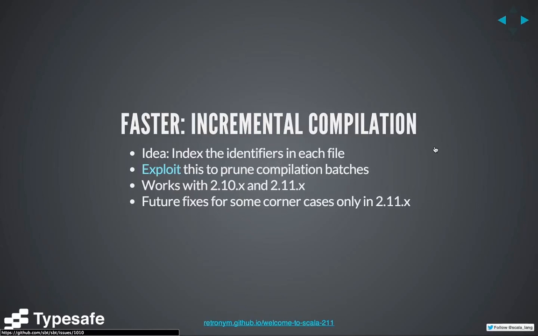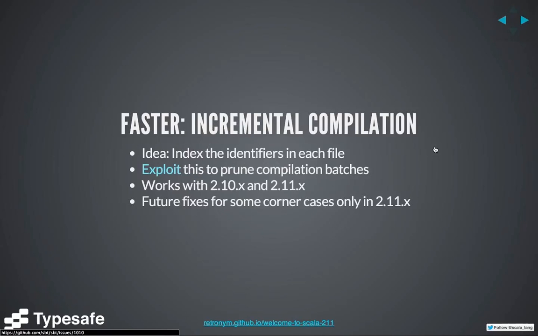So the idea here is to retain more fine-grained information about the previous compilation run, and in particular, we now index the identifiers within each file. What we can do then is exploit this information to more aggressively prune the compilation batches.